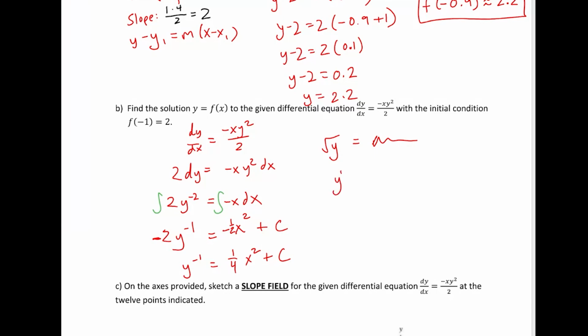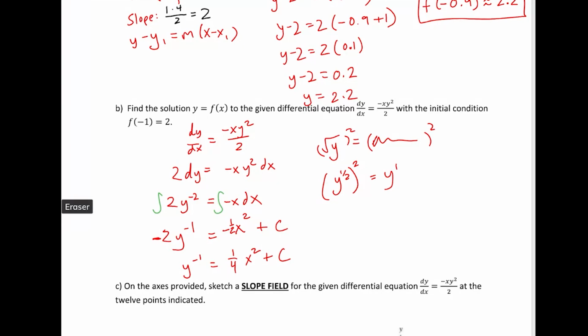And the reason why we square both sides is because the square root of y is actually y to the 1/2. And to get rid of that 1/2, what we really want to do is change that to a 1. So we take advantage of this power to a power property, which states that anytime you raise a power to a power, you multiply the powers. And if we multiply 1/2 by 2, you know what we get? We get 1. And so that's why we square both sides to get rid of that square root.